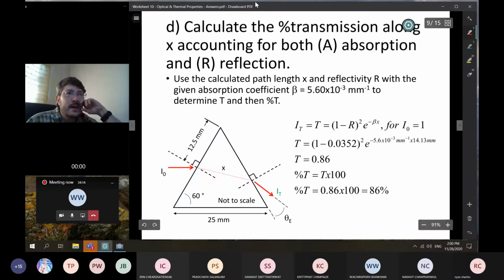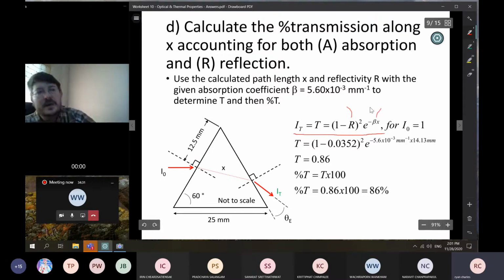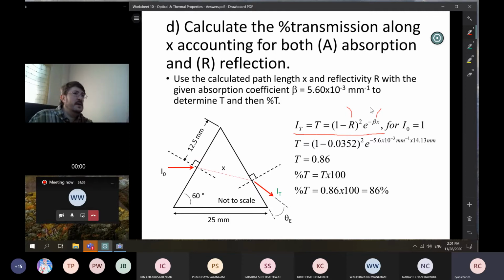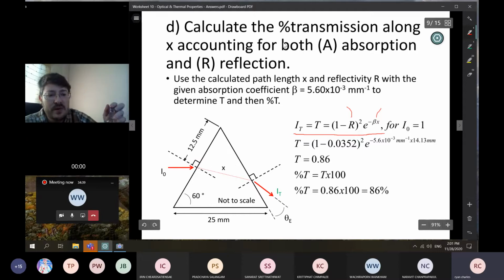Now, calculate the percent transmission along X, accounting for both absorption and reflection. That is this equation. This is accounting for reflection and absorption simultaneously. It's not that you use two separate equations. This is literally how I wrote it, I think in the lecture slides, accounting for both of these.